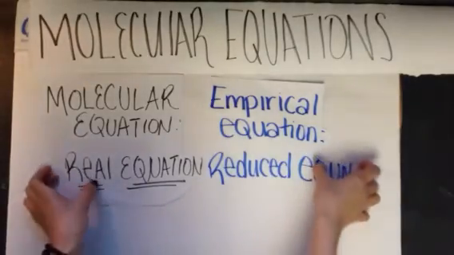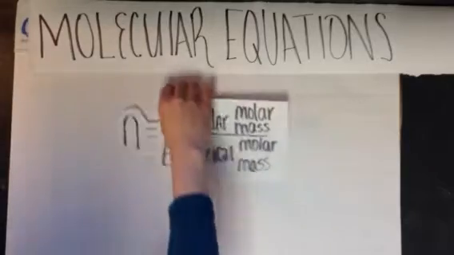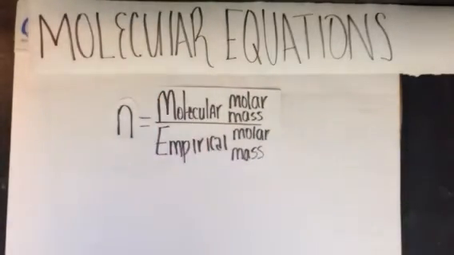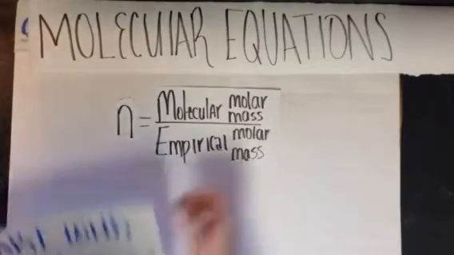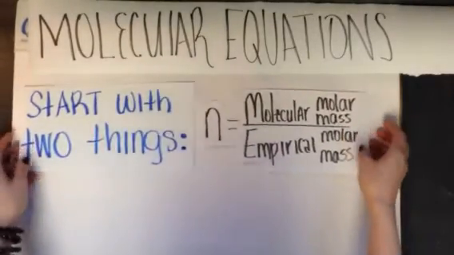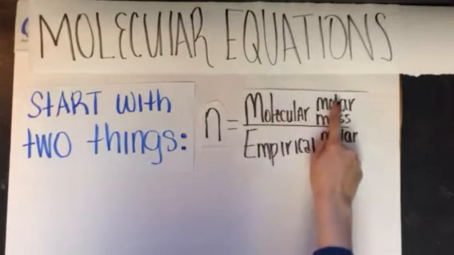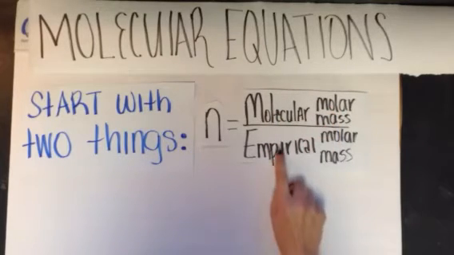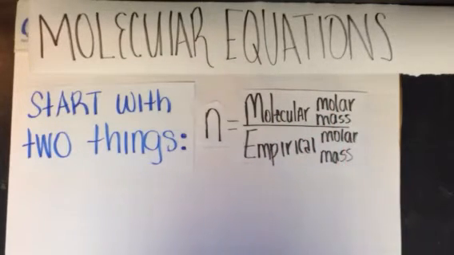All right, so in order to calculate the molecular equation, this is our basic formula. We're going to need two things to start. We're going to need the molecular molar mass and the empirical molar mass.